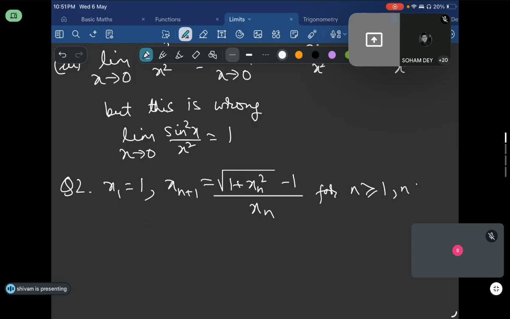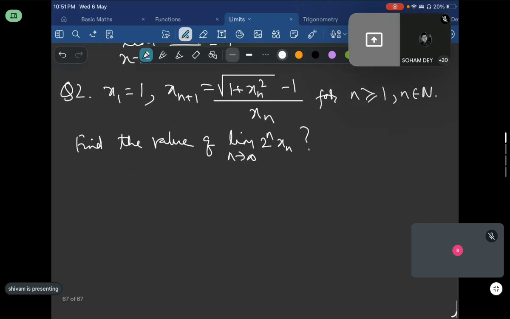Okay, and n belongs to natural numbers. Find the value of limit n tends to infinity 2 to the power n into xn. Solve.